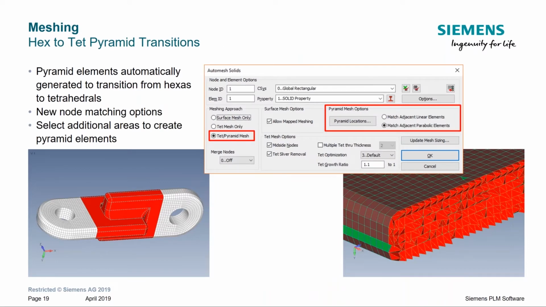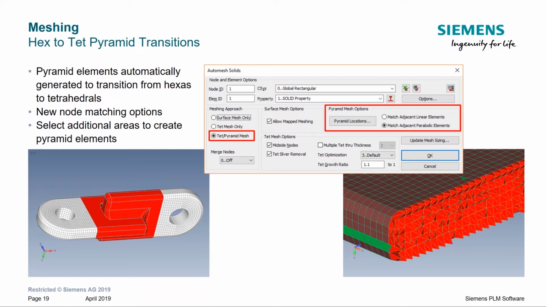We've added some new abilities to do the hex to tet pyramid transitions. So now, let's say for an example, these are 3 different solids, you could define a pyramid location. So this is a lot easier to transition from a hex mesh to a tetrahedral mesh by doing this combined tet pyramid mesh.